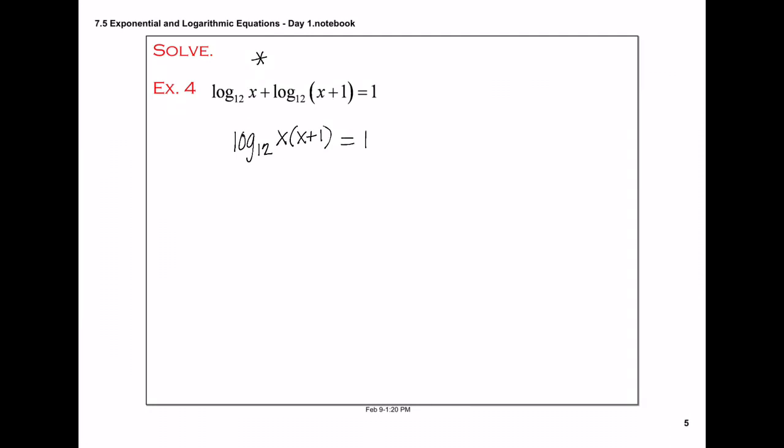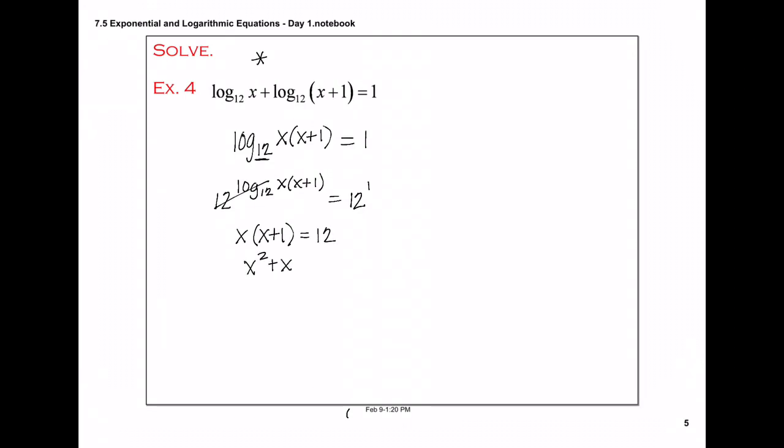After it is written as a single log, if I use method 1, I notate what my base is, and I'm going to say 12 to the log with a base 12 of x times x plus 1 is equal to 12 to the first power. I then have 12 raised to the log of 12 equals 1. So I have x times x plus 1 equals 12 to the first power, which is 12.